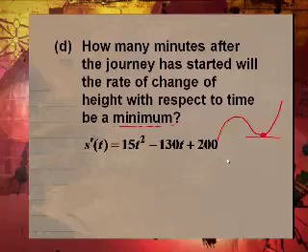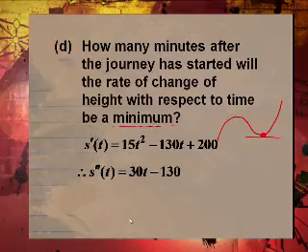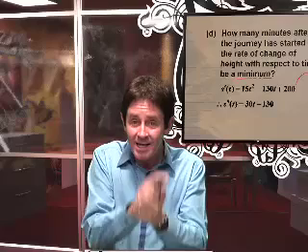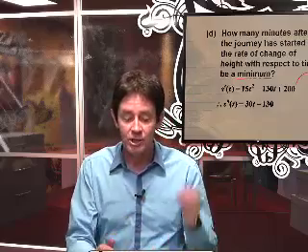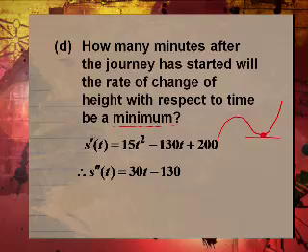There's your derivative, and we set it equal to naught here. But now the challenge with this, it said after how many minutes will the rate of change be a minimum. This is tricky. What it's saying is you must minimize the rate of change. This is for you guys who are going for an A. You have to differentiate the rate of change, which means you get the second derivative.